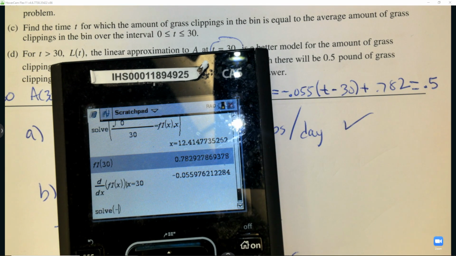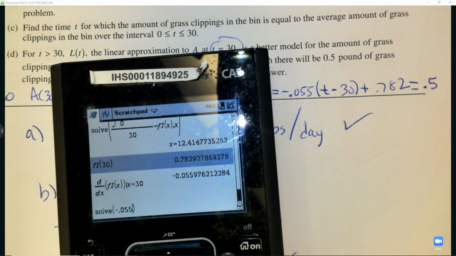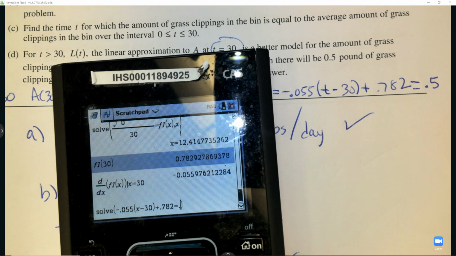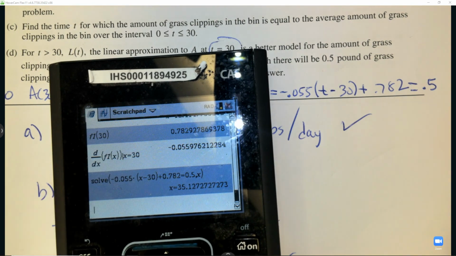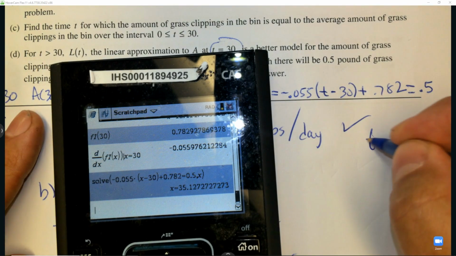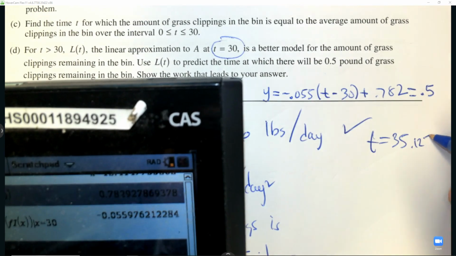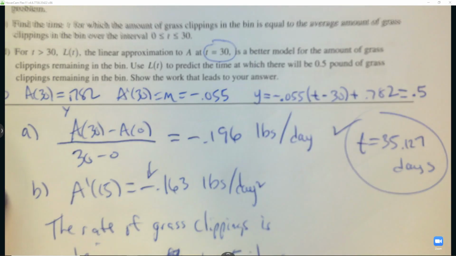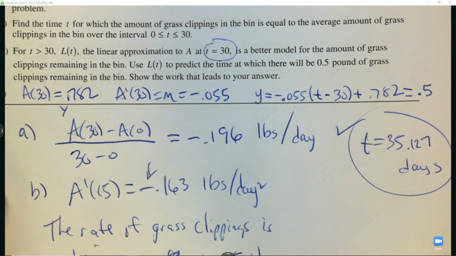I'm going to type in negative 0.055 times x minus 30, plus 0.782 equals 0.5, comma, x. The answer is 35.127 days. And you have your answer. All right, Mr. G Math over and out. We did it. 10 minutes.